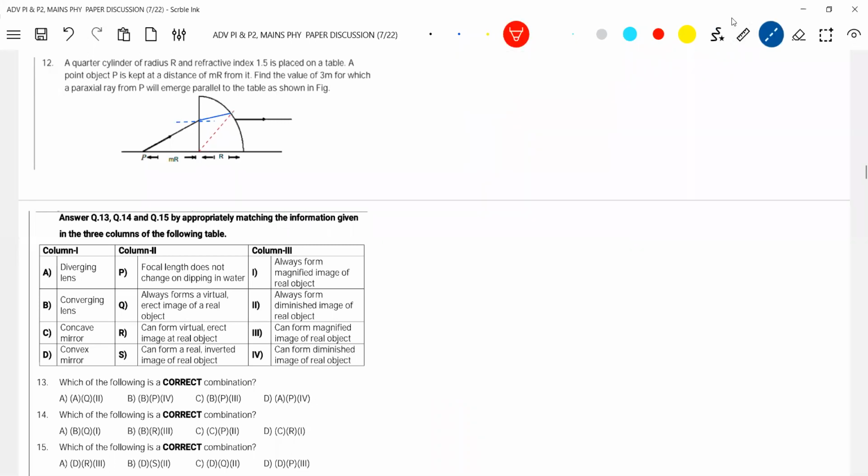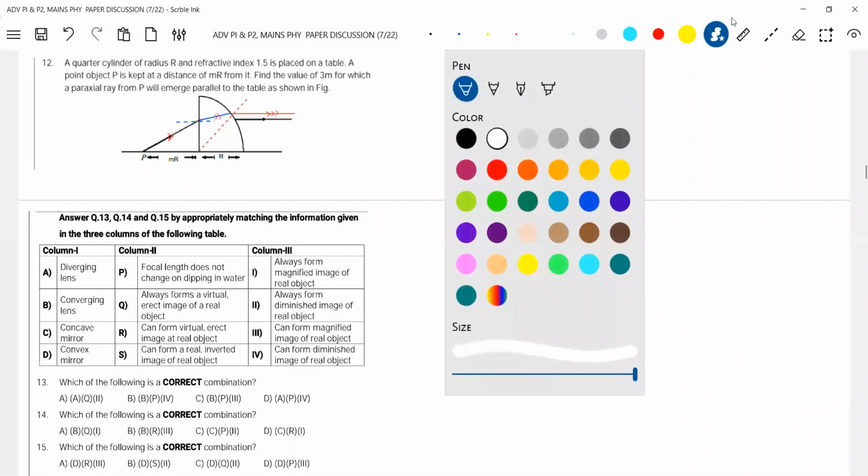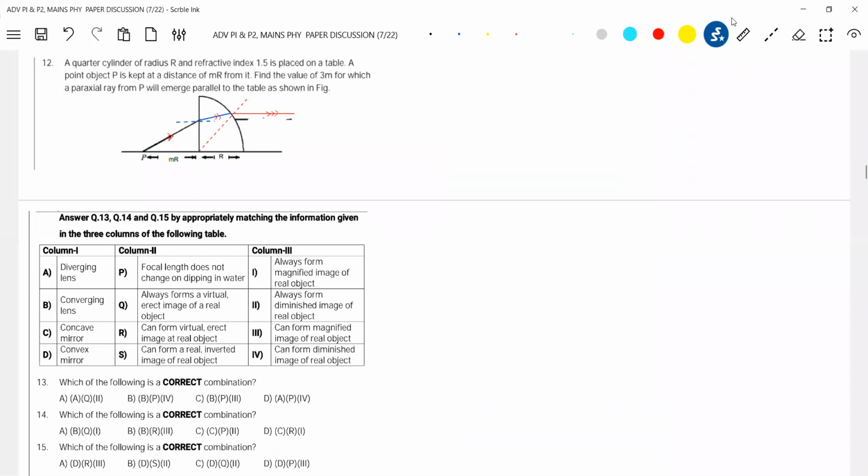Again, the ray will undergo refraction. And now it will become parallel.